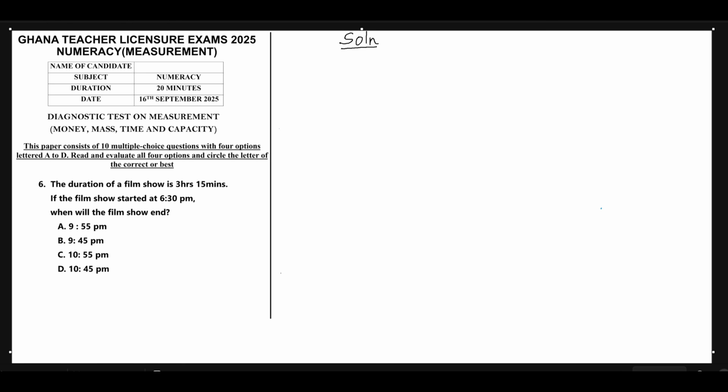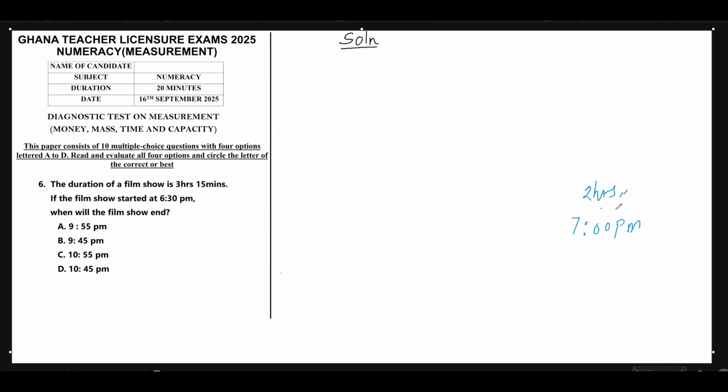Question 6. The duration of a film show is 3 hours 15 minutes. If the film show started at 6:30 p.m., when will the film show end? Let's say in a cinema, a movie is scheduled to start at exactly 7 o'clock p.m. and we are told that this movie will take a duration of, let's say, 2 hours.